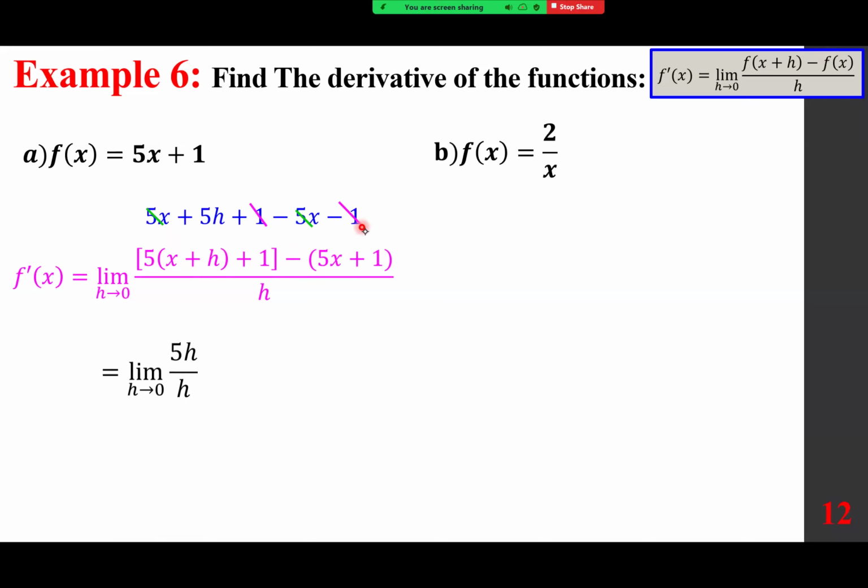We are left with 5h. Remember, when you look at this limit, it is the h in the denominator that is approaching 0 and creating a problem. We are hoping to get rid of it, and we do. The limit of 5 as h approaches 0, it's a constant. The answer is 5, and you're done.